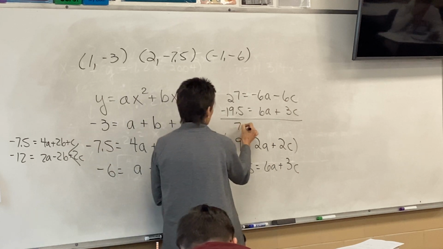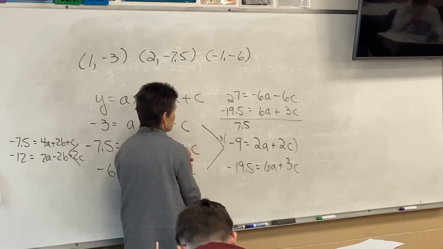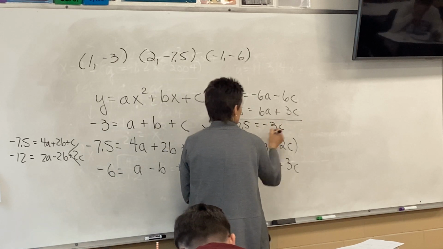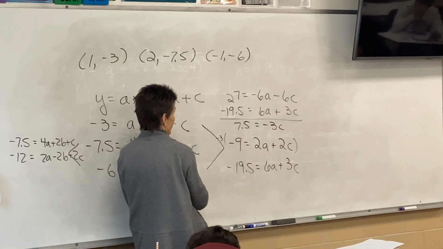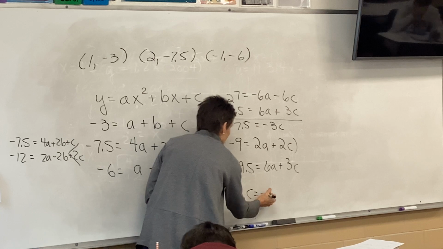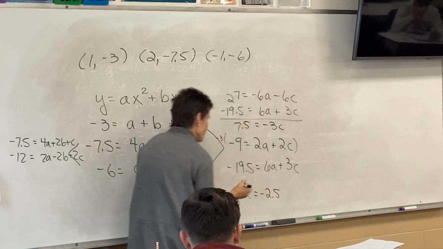Alright, so what is that, 7.5 equals negative 3c. Does c equal negative 2.5?